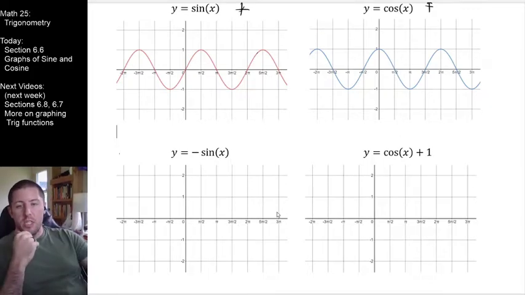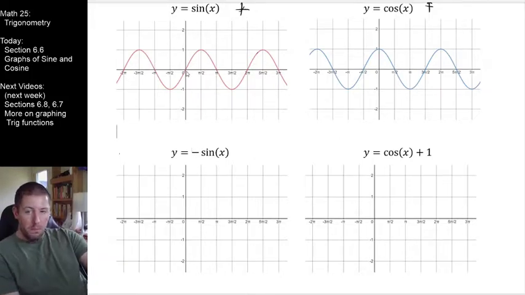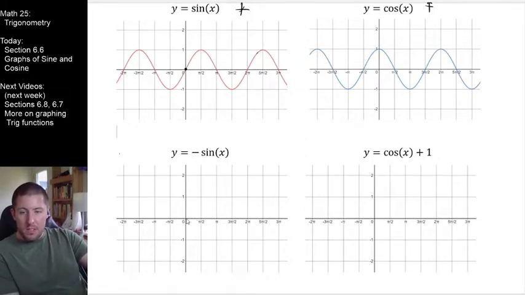The thing that's going to change is when we get our output value, we're going to compute the value of sine, but then we're going to multiply it by negative 1. So let's just follow our dots here. When I plug in 0, I used to get out 0. Now I should be getting out 0 and taking the negative of that. Fortunately, the negative of 0 is still just 0, so that point is going to remain right there.